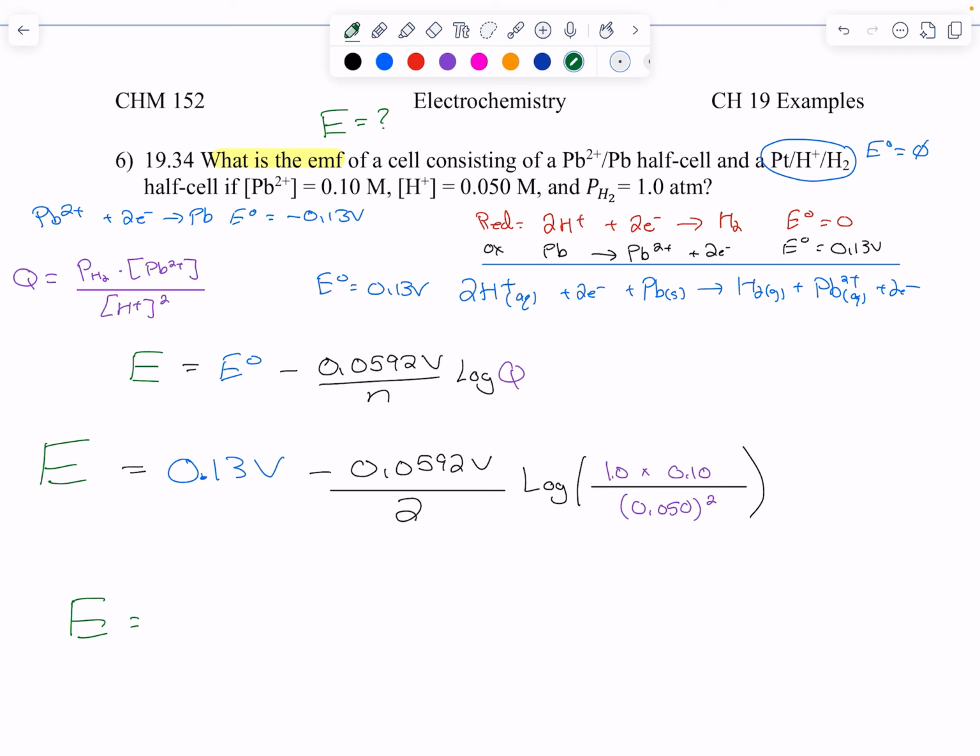I'm getting negative 1.05. Did I type that in right?